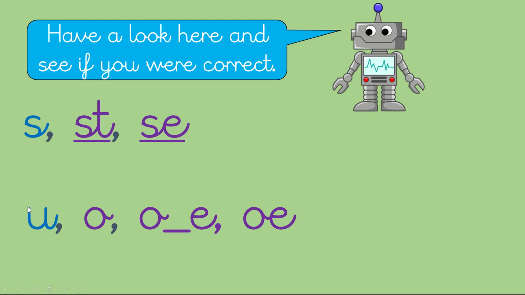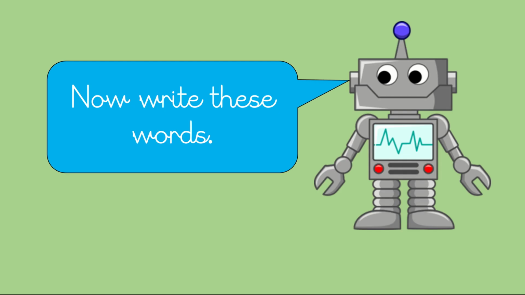Okay, next of all, you should have written down the graphemes. So we've got the Rex one here. It's the U, and then we've got O by itself. Split digraph, and then there's an O and an E like in the word does. And we haven't really looked at that one yet, but that's a new one. Okay then, so next up it says, now write these words.